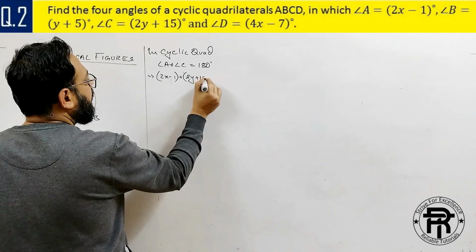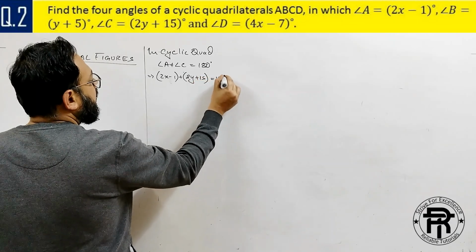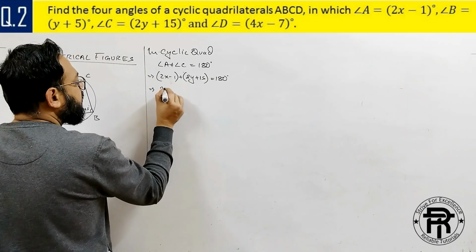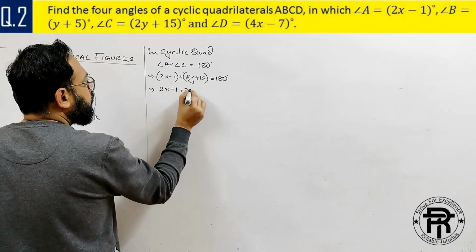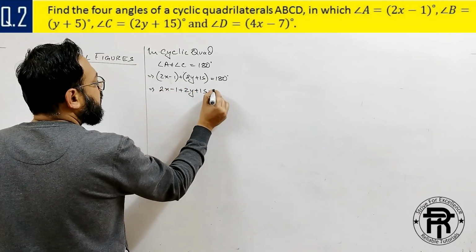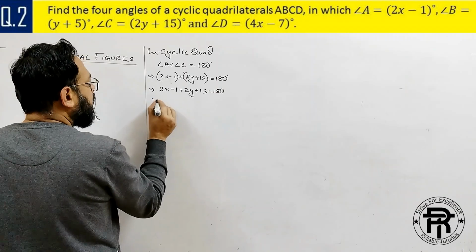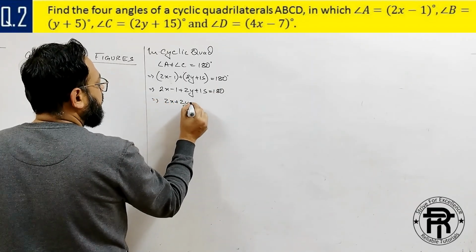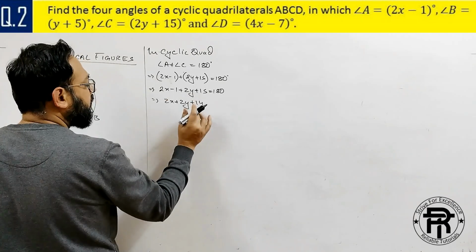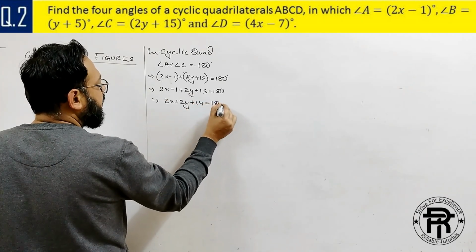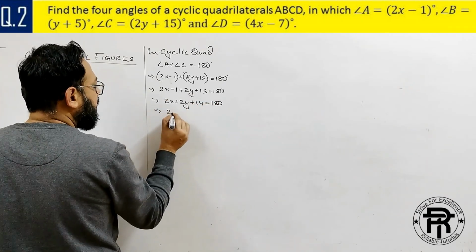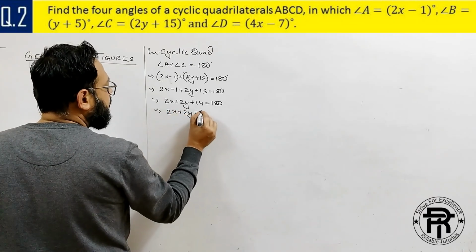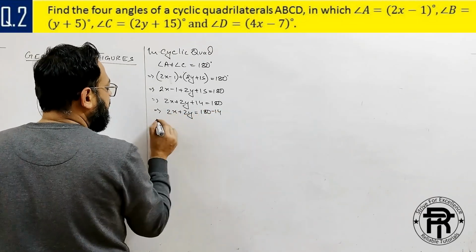So 2x minus 1 plus 2y plus 15 is equal to 180. That gives 2x plus 2y plus 14 is equal to 180. Transposing 14 to that side, 2x plus 2y is equal to 180 minus 14.